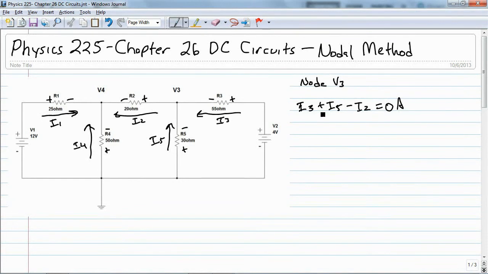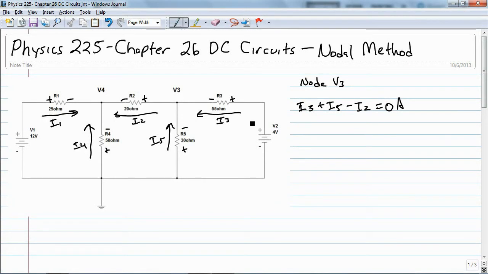And now I want to write my currents in terms of my potentials. So V3 and V4 are what we're going to want to solve for. So these need to be in those terms.